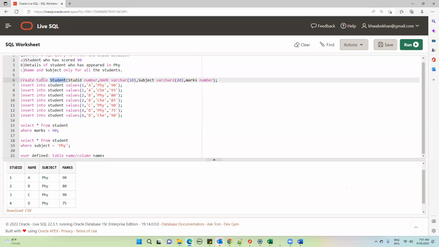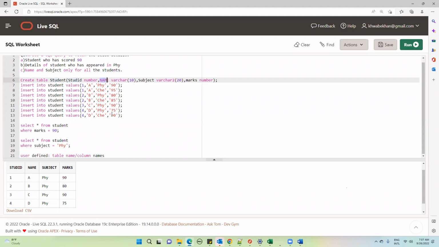It should not be a reserved keyword. That is the only condition. Apart from that, your table name can be anything. You can create a table with the name Shantanu. Let me complete. Similarly, a column name can be any name.